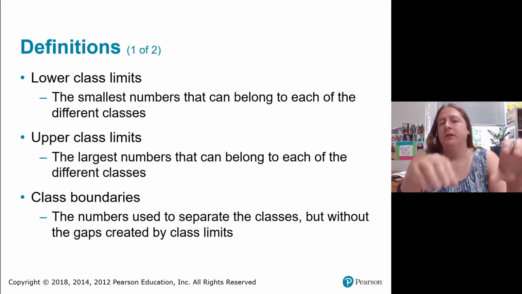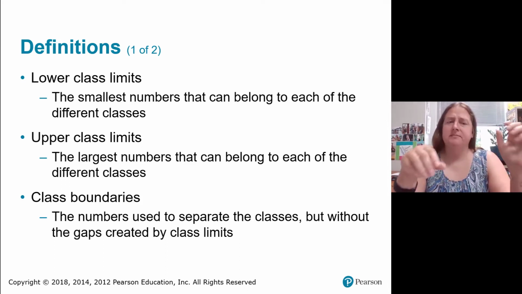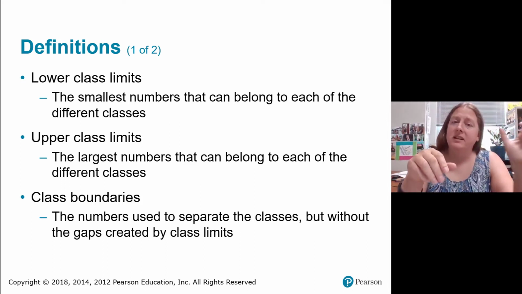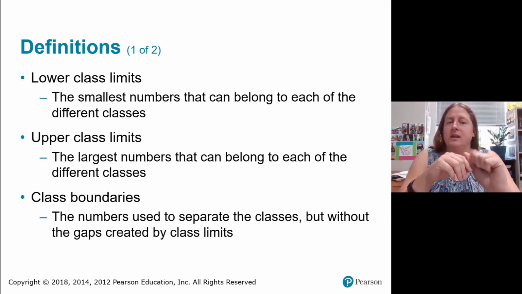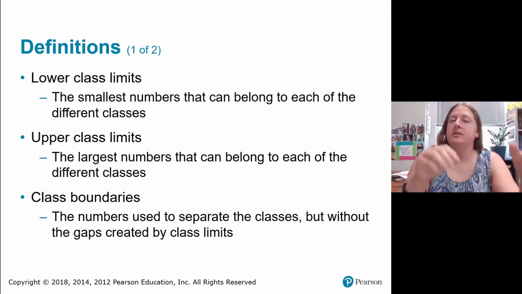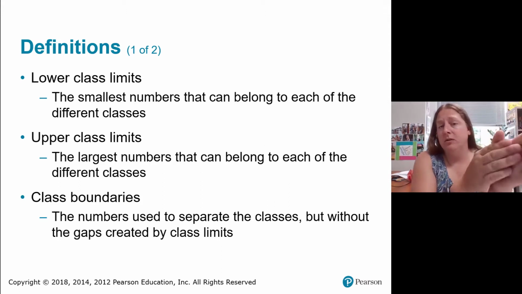The thing about the lower and the upper limits is that there can be values that are the lower limit in a class, and there can be values that are the upper limit in the class. So if we actually made the upper or lower limit the boundary, then there would be values that fall into more than one class, and that's not okay.